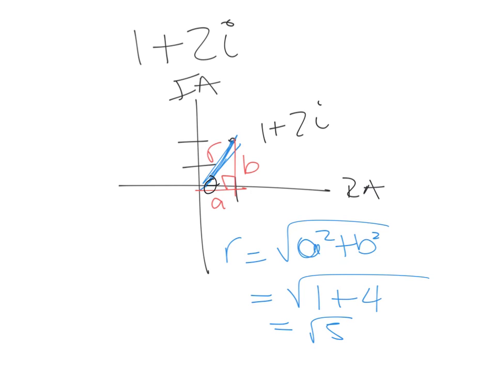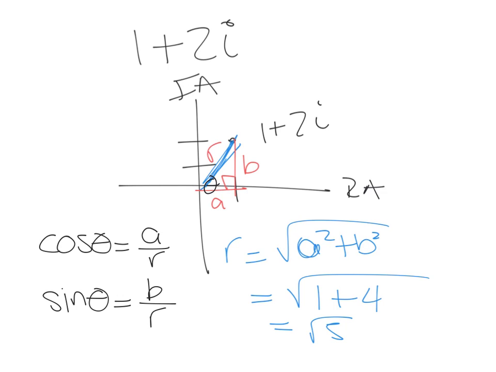That cosine of theta of that angle is equal to adjacent over the hypotenuse, and the sine of theta is equal to opposite over the hypotenuse. So if I were solving for a or b, I would say that a is equal to r cosine theta, and b is equal to r sine theta.